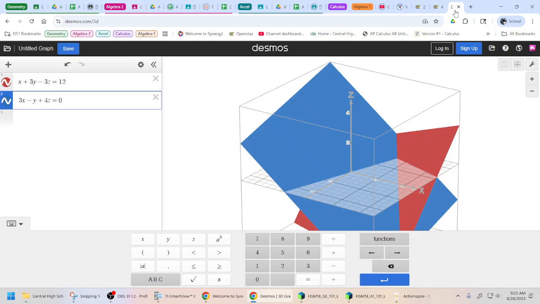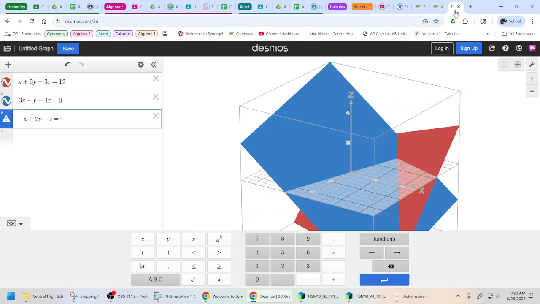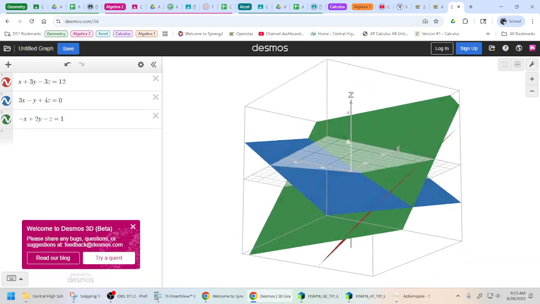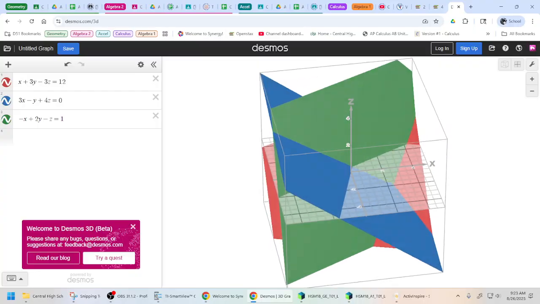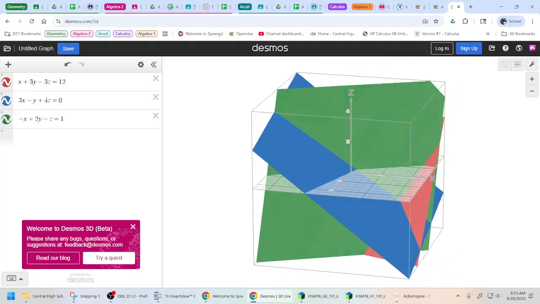Is it making sense to your eyes at all? Negative x plus 2y minus z equals 1. Alright. I think probably we can manipulate this around, yeah. That's cool, huh? You don't care for that?